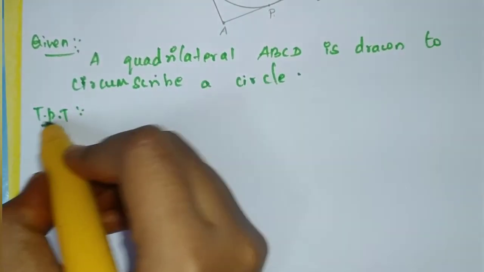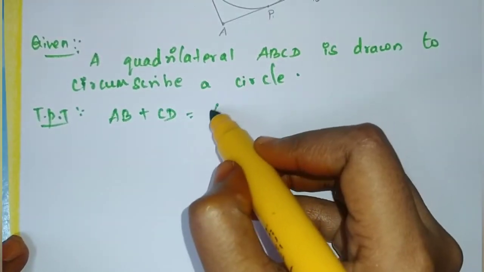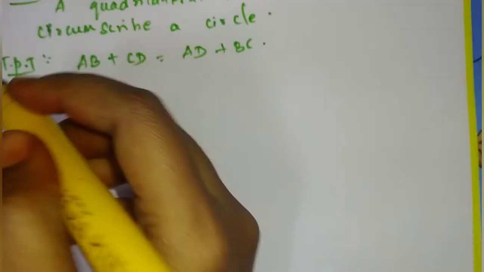Prove that AB plus CD is equal to AD plus BC. Start the proof.